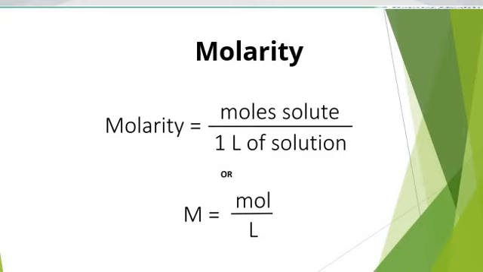Because the molecular weight of sodium is 23, and for chloride the molecular weight is 35.5. By adding both of these, we will get 58.5. For a 1 molar solution, we have to dissolve 58.5 gram in 1 liter. It is very simple chemistry which we already learned in the chemistry of the 9th class.